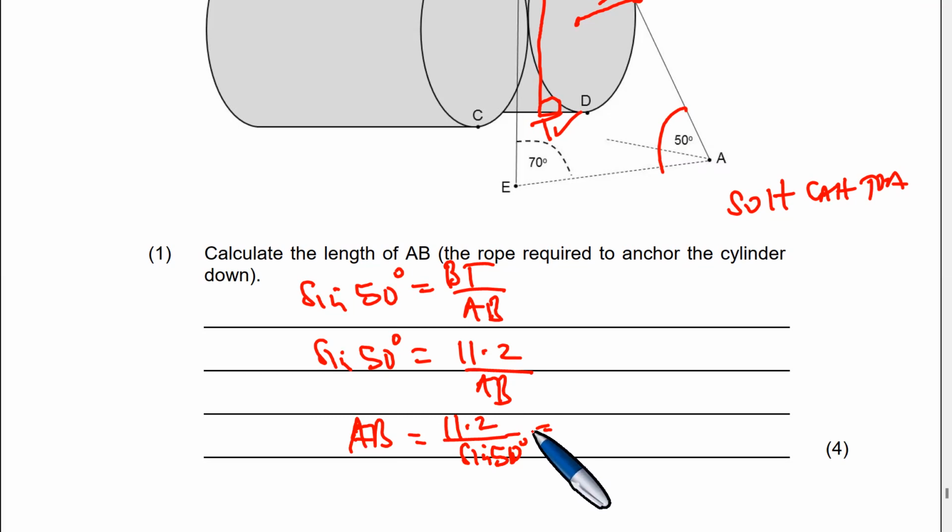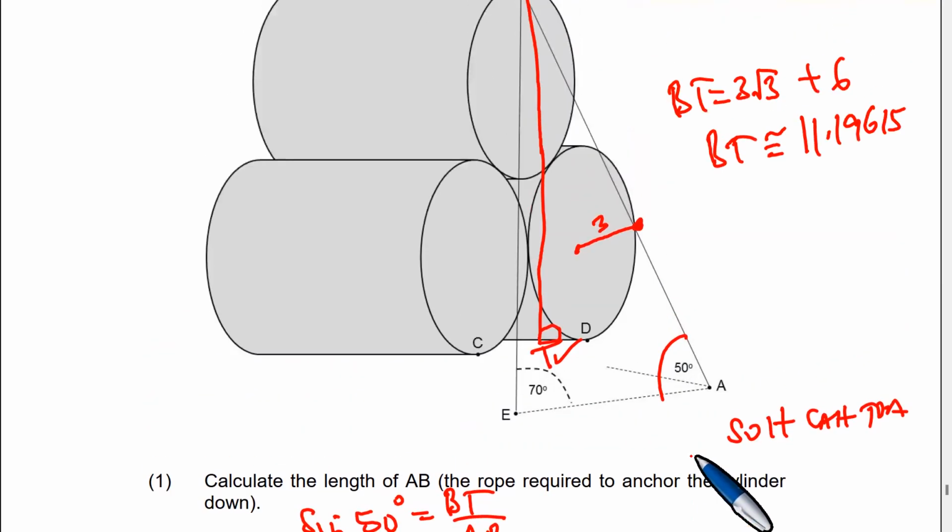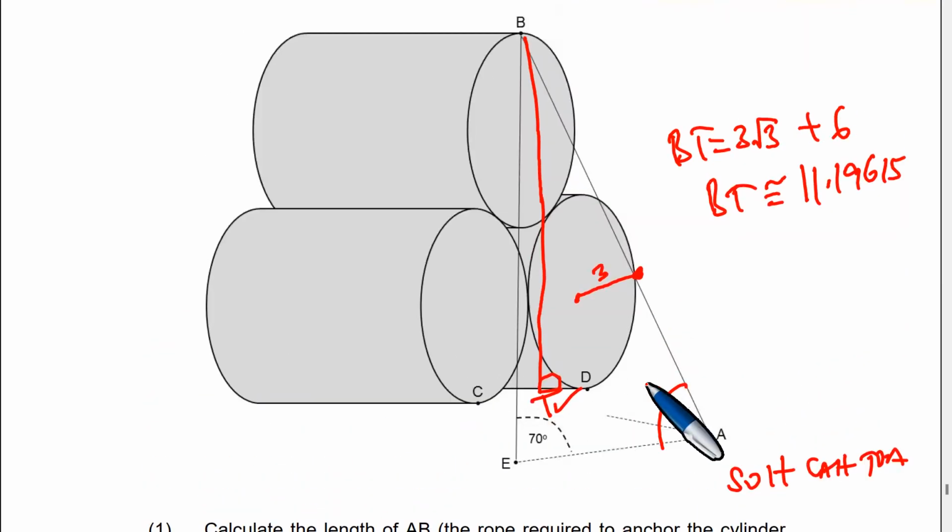What is this? It is actually 14.62 meters. That is the length of AB. Think about it, these things are at ground level. I know the diagram doesn't look it, it's a three-dimensional diagram, but note that here.